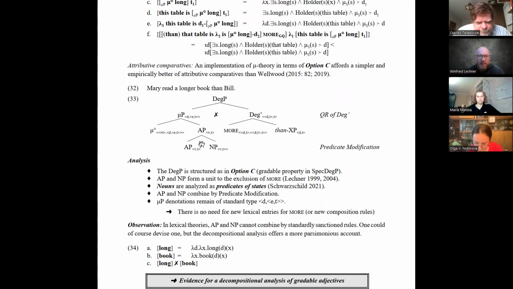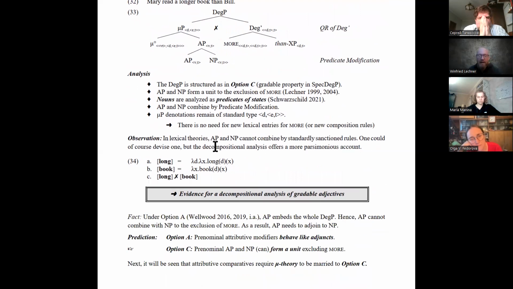So that's one simplification. If we go to the decompositional view, we simplify the way in which we combine the attributive adjective and the noun phrase. That's one nice piece of evidence, I think, for decompositional analysis.